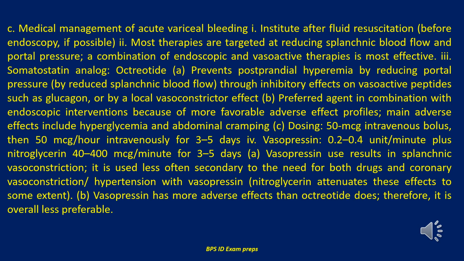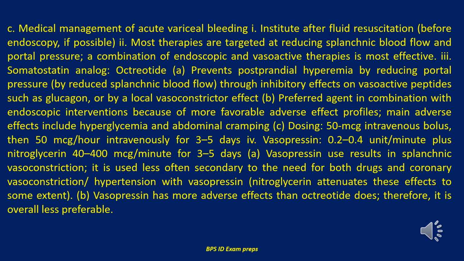3. Regarding the somatostatin analog, octreotide, it prevents postprandial hyperemia by reducing portal pressure, by reduced splanchnic blood flow, through inhibitory effects on vasoactive peptides such as glucagon, or by a local vasoconstrictor effect.